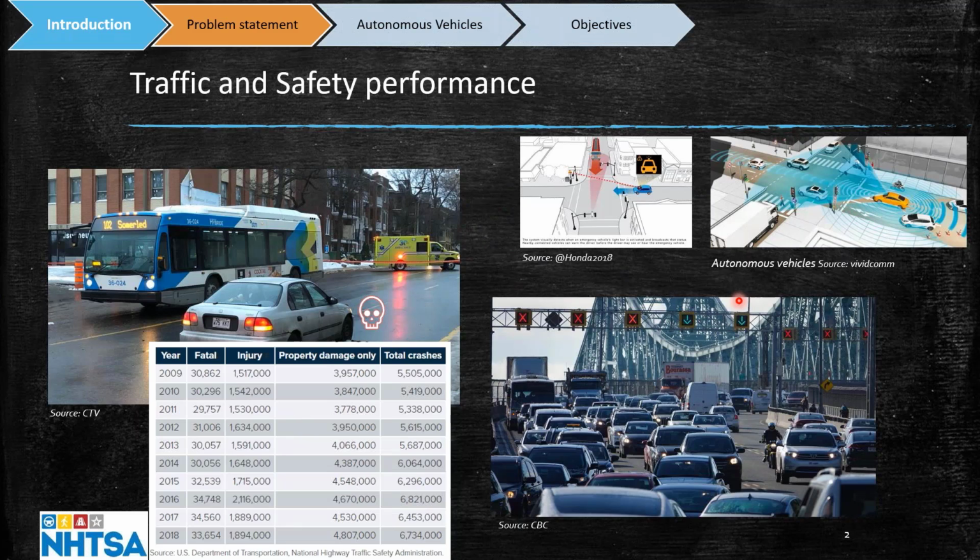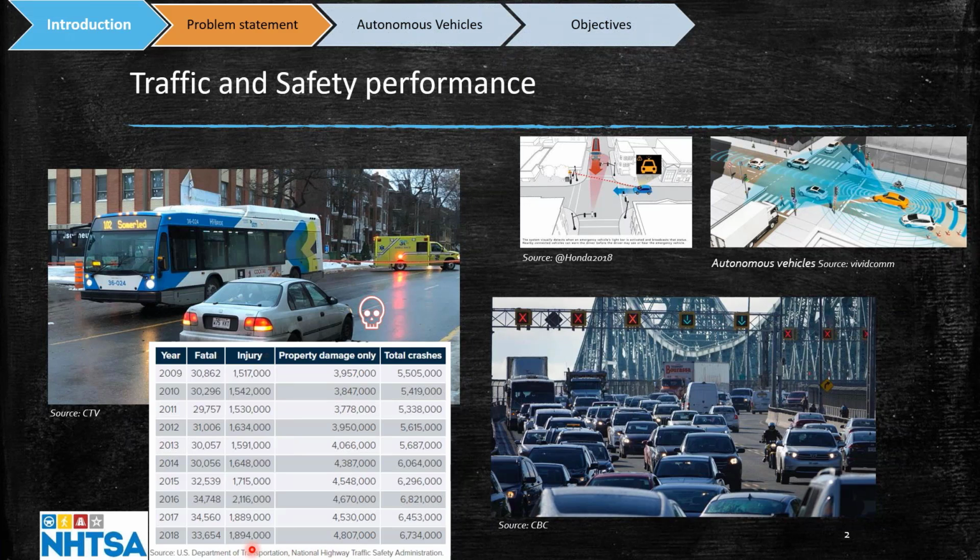The major problem that we have in urban areas is traffic congestion and safety performance. Traffic congestion in transportation networks can be seen in major metropolitan areas. According to the U.S. National Highway Traffic Safety Administration, there were around 6 million crashes in 2018, and 36,000 fatalities resulted.